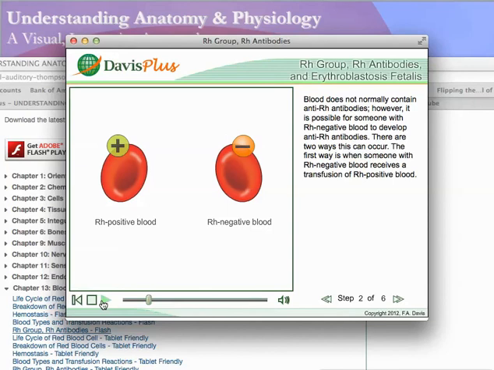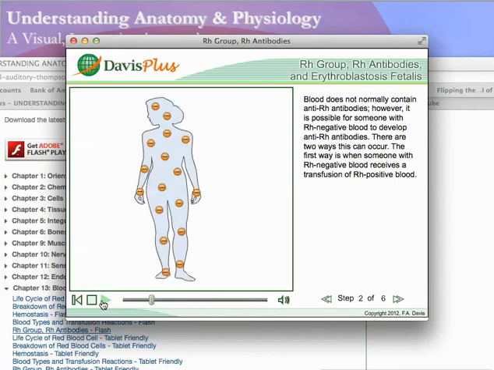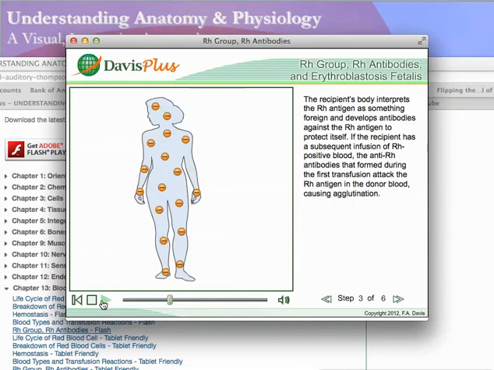However, it is possible for someone with Rh negative blood to develop anti-Rh antibodies. There are two ways this can occur. The first way is when someone with Rh negative blood receives a transfusion of Rh positive blood. The recipient's body interprets the Rh antigen as something foreign and develops antibodies against the Rh antigen to protect itself.